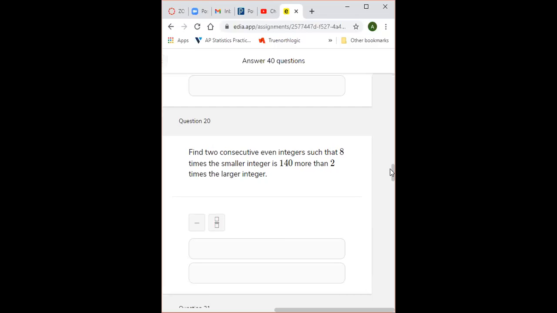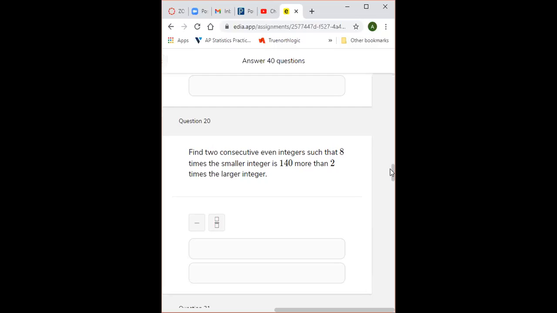Just different numbers, okay? We're going to distribute our 2. We get 8x equals 140. 2 times x is 2x. 2 times 2 is 4. We're going to add our like terms. We get 8x equals 140 plus 4 is 144 plus 2x.